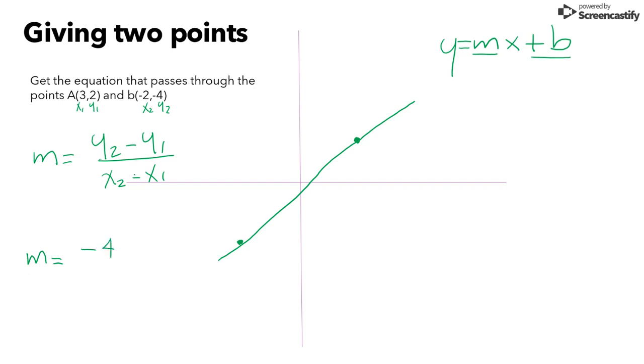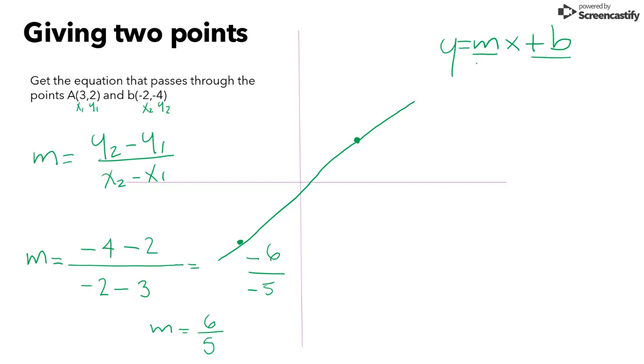So I have negative 4 minus, because my formula has a minus sign here, y1, which is 2, divided by x2, that is negative 2, minus x1, that is 3. So I have here minus 6 divided by minus 5. And negative divided by negative, we're going to get positive. So my slope is 6/5.